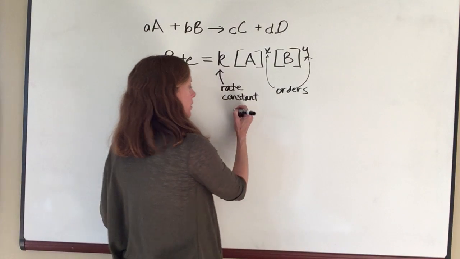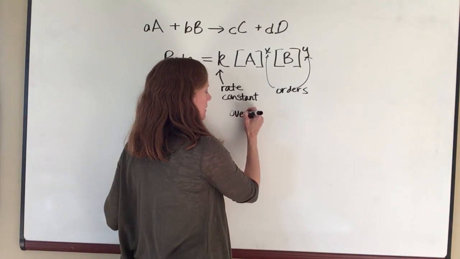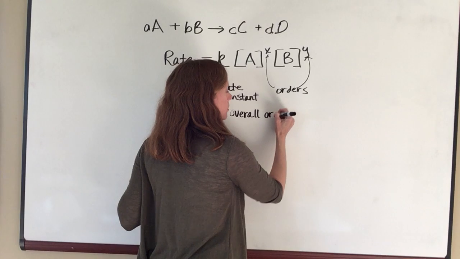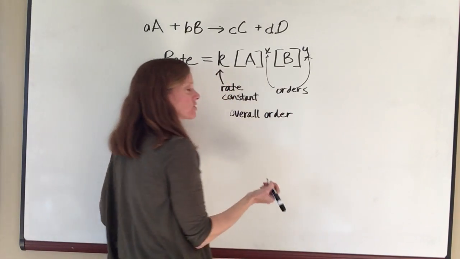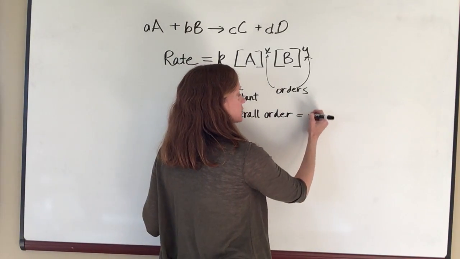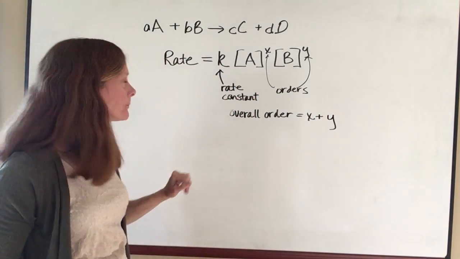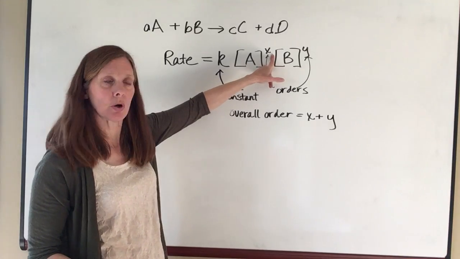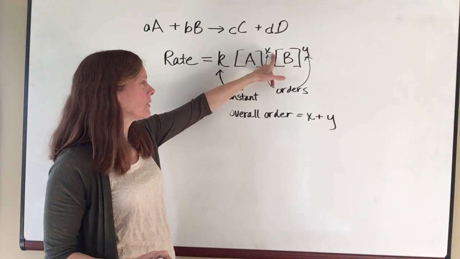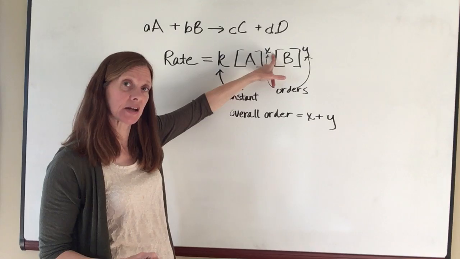Now, sometimes you're going to be asked what the overall order for a reaction is, and if you're asked for that, all you have to do is add the X and the Y together. So if this is a 2, we say that reactant A is second order.